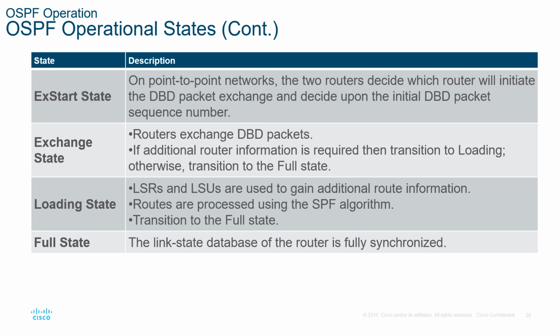The loading state will send additional LSRs and LSUs to gain the additional information, and then it will run through the SPF algorithm again before transitioning to a full state. Again, a full state is when the link state database of the router is fully synchronized with all other routers in that area. And that process is how OSPF actually does its convergence throughout the area.